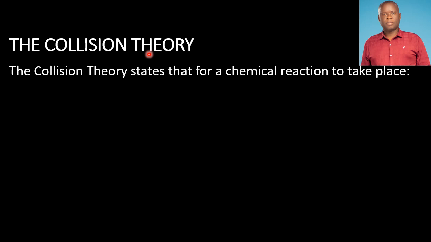We're going to look at what it states and also relate it to our definition of rate of reaction, the topic. So the collision theory is just a statement. It states that for a chemical reaction to take place, for any two substances to react, think about substances that react.